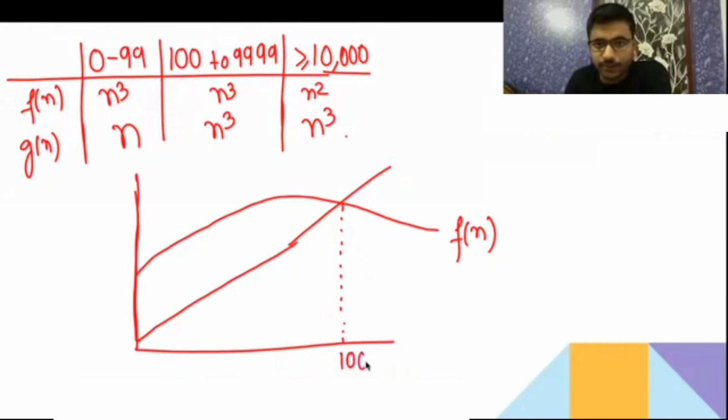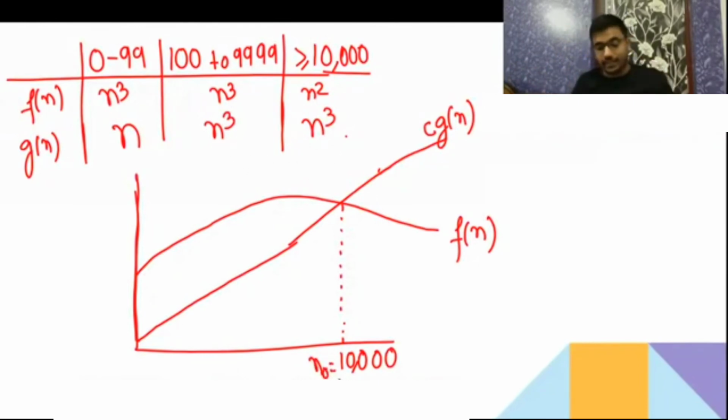After that it's always greater, like c times Gn. Gn is greater after n naught, you can even say 10,000, because n cube and n cube are equal only at that time. But when n naught reaches 10,000, then Gn is always going to be greater.